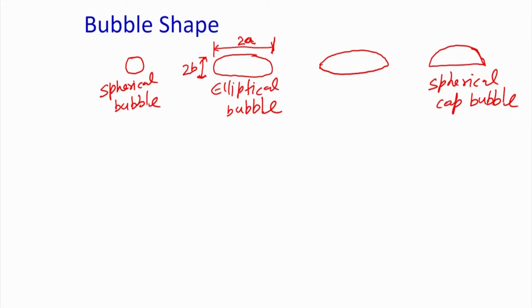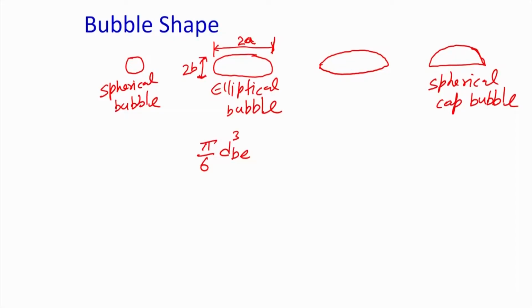To do that is very simple mathematics. We know the volume of the spherical bubble will be pi by 6 dp cube. Let us give a notation, dBE, the equivalent bubble diameter in terms of the spherical, if this volume is equal to the spherical bubble volume.